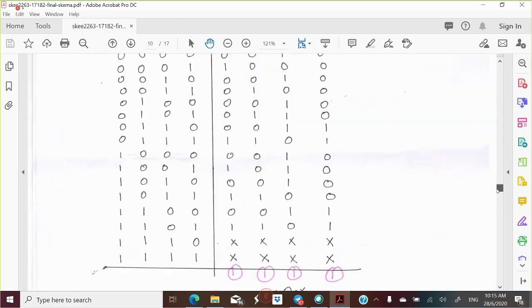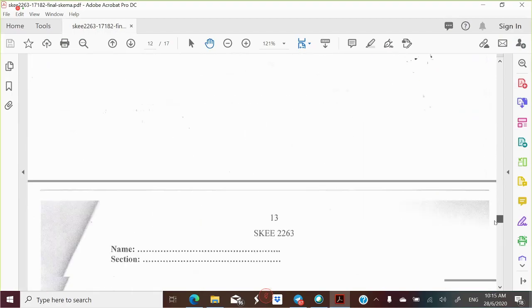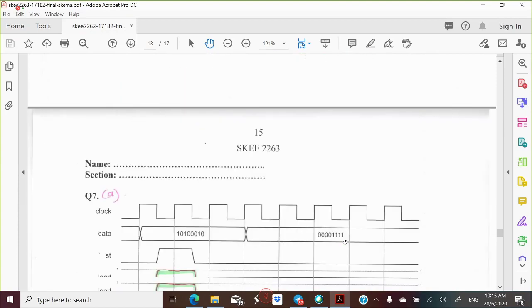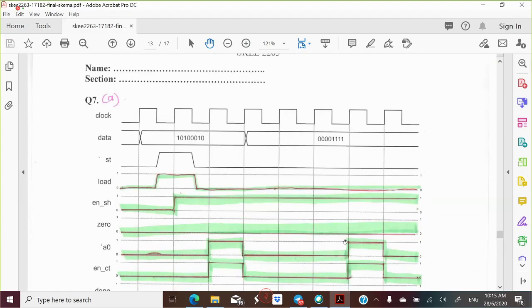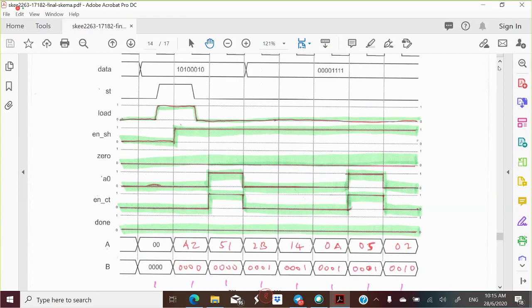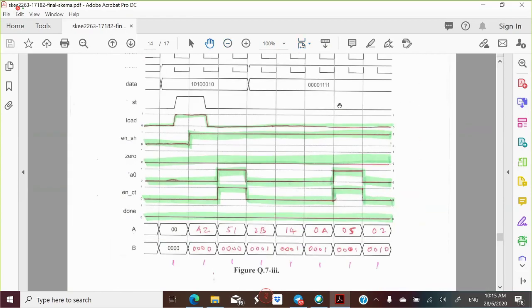The schema, sometimes handwriting, sometimes nice, sometimes not nice. Where? Here. Question 6? No, question 7. Oh, question 7. Yeah, this one. So, what do you see? Maybe I need to reduce a bit so I can see all of it.